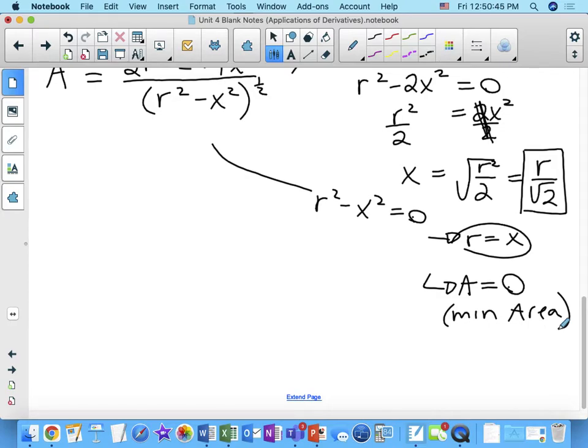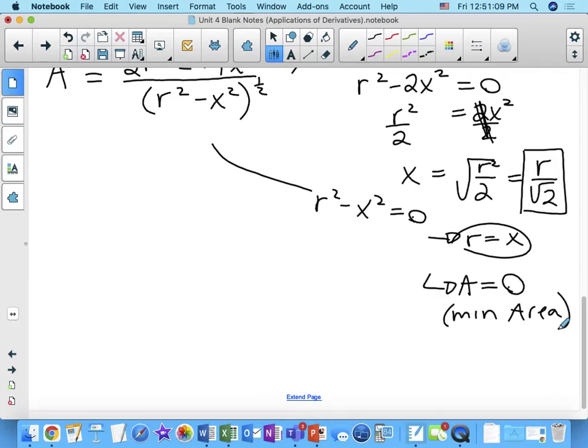Okay, so I do just want to bring that up because when you're solving these problems and you get these critical values, you will get both the max and the min. So you got to say, okay, well, which one am I after? This one's going to give us the max, though. So once we get that critical number, we got to go back to our area function. Right?